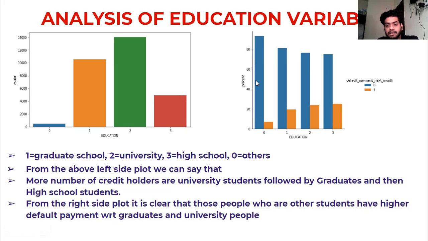From the right side of this plot, this is the relationship between the default variable and the education variable. From this right side plot, we can clearly see that those people in the other category, meaning those who pursue higher education, have higher default payment with respect to graduates and university people.